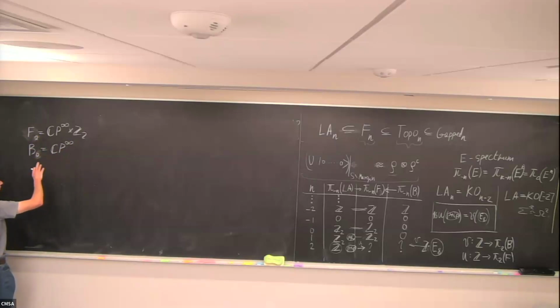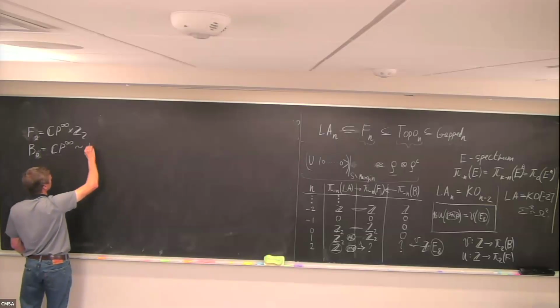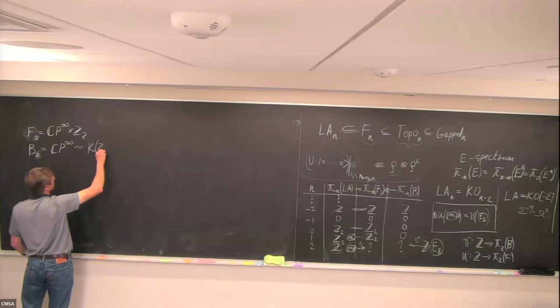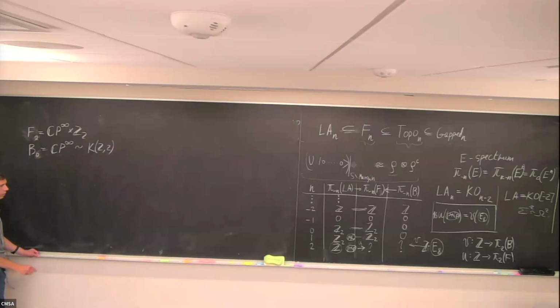In zero dimensions, we have just Hilbert spaces and states in those Hilbert spaces. And this is a space of pure states in the Hilbert space, sufficiently large dimension. And that is equivalent to K(Z,2), which allows us to construct certain maps.